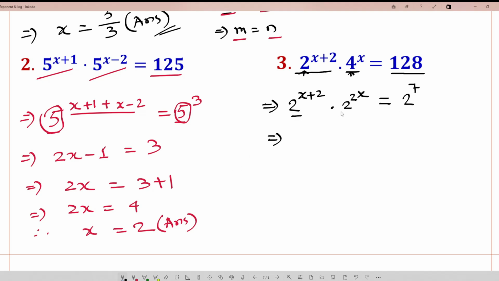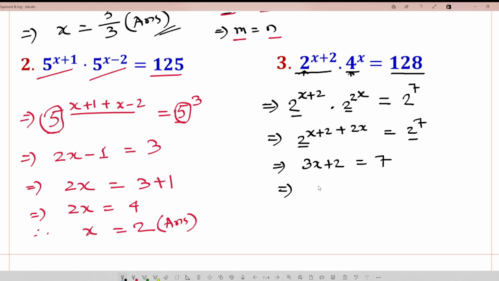So here the bases are the same. We can write 2 to the power x plus 2 plus 2x equals 2 to the power 7. Now these bases are the same. We already know that once the bases are the same, the powers will be equal. So here is 2x plus x, 3x plus 2 equals 7 because the powers are similar.